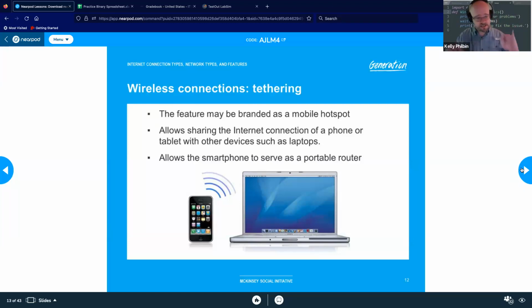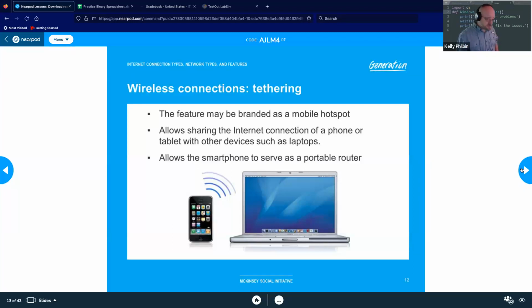So you would take a cable and plug it into your computer and your phone, and they would share the connection that way. And then hotspotting would be turning on your Wi-Fi hotspot on your phone and using it in that manner, or using a hotspot device.